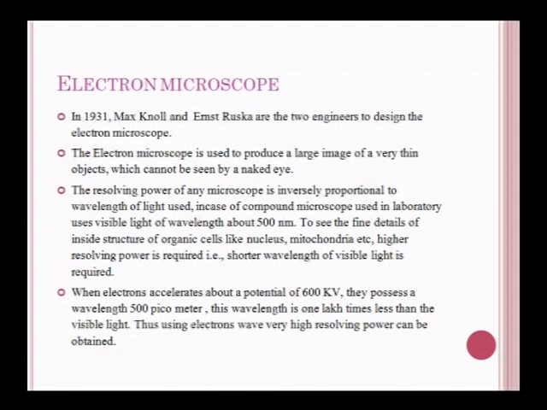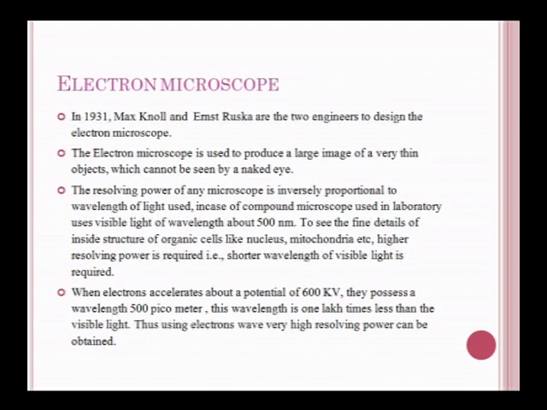If the two objects are lying so closely, can you look through and see them separately? That means how much separation it can generate. That is based on the resolving power, but it has been found that the resolving power of a microscope is inversely proportional to the wavelength of the light used.